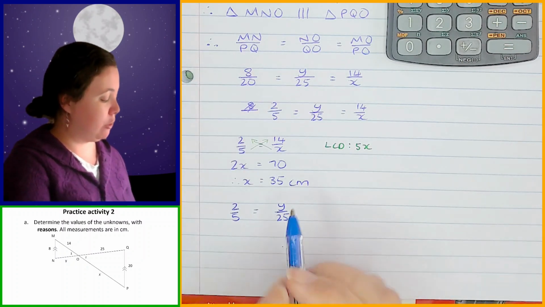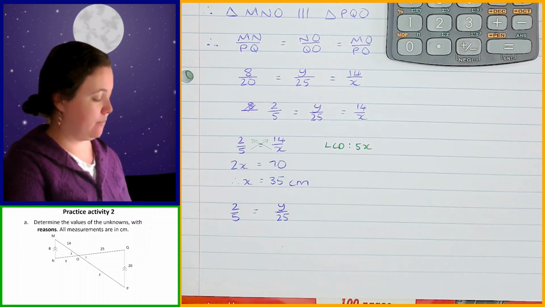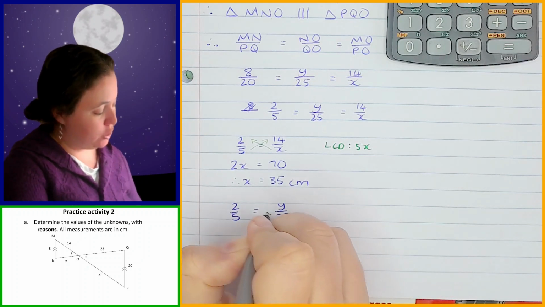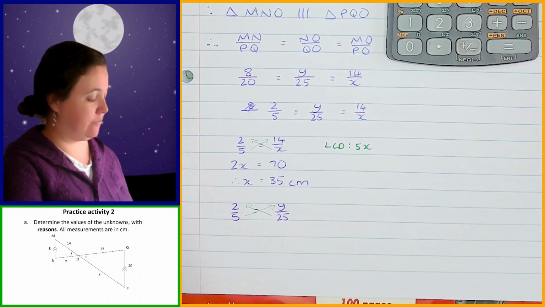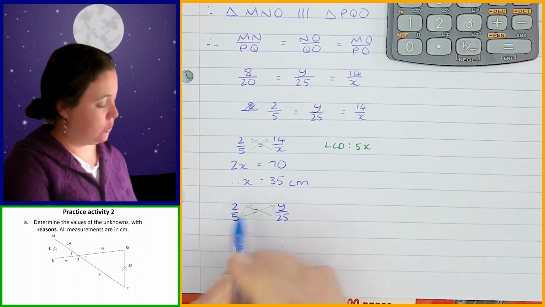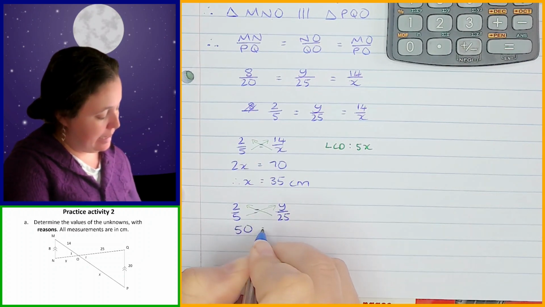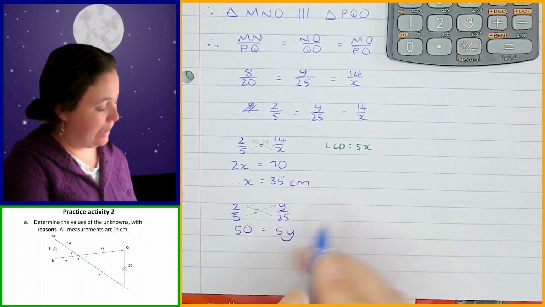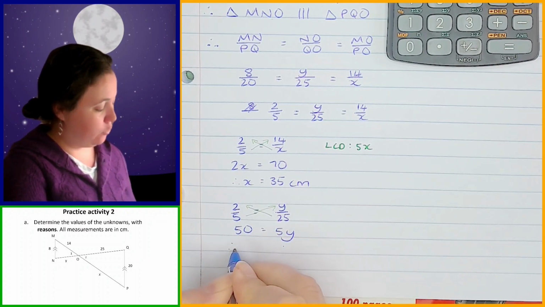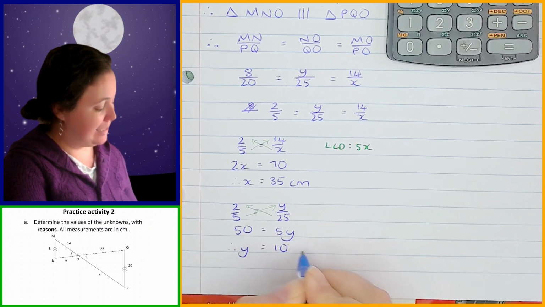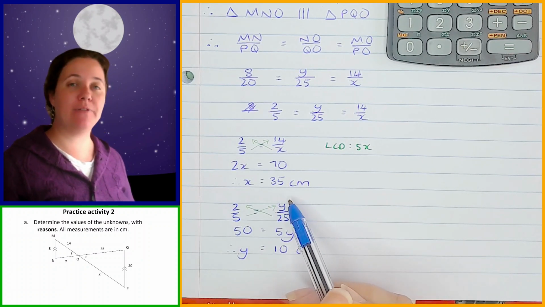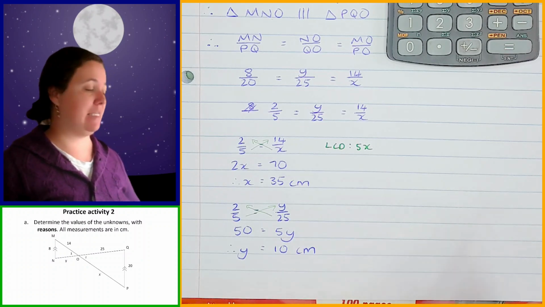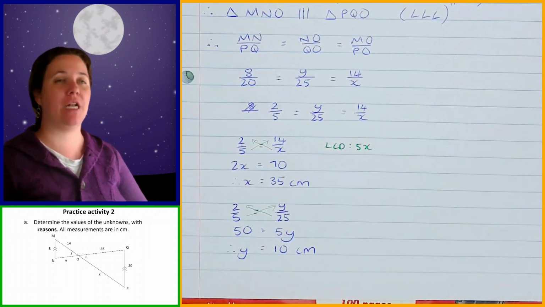Okay, so if I cross multiply, I'm going to have 25 times 2, which is 50. And 5 times y is 5y. So I have 50 equal to 5y. Now I can divide by 5, so therefore y is equal to 10 centimeters. So now I know that x is 35 centimeters and y is 10 centimeters. So that's what you should have got for that question.